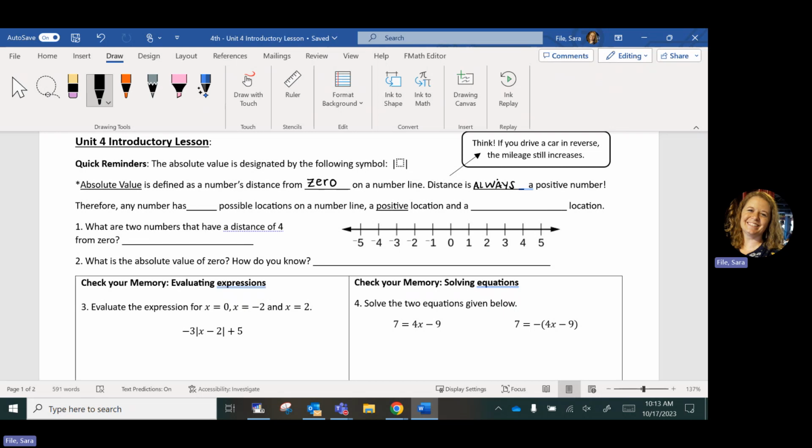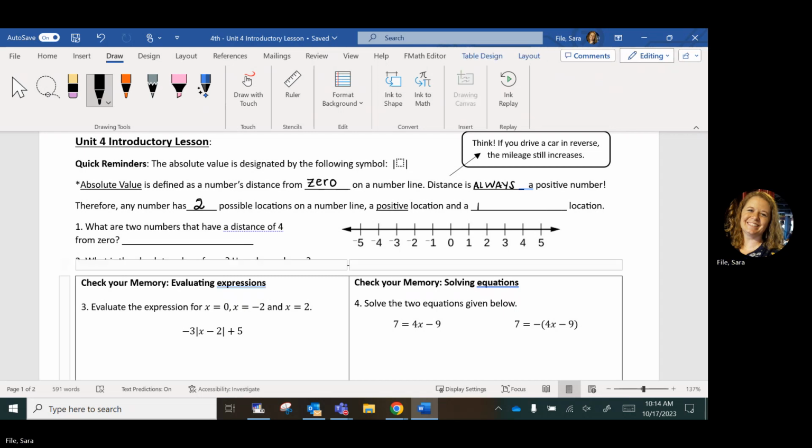So that means that every value, every number has 2 possible locations on the number line. If I want to be a certain distance away, I can have that distance in the positive direction or that distance in the negative direction.